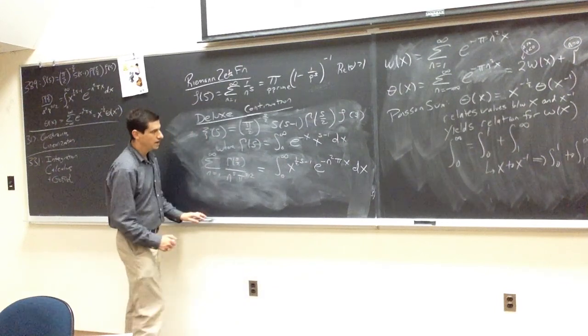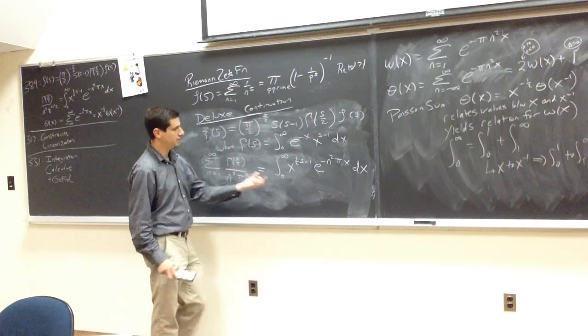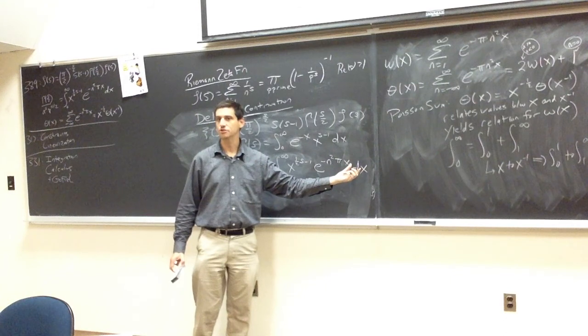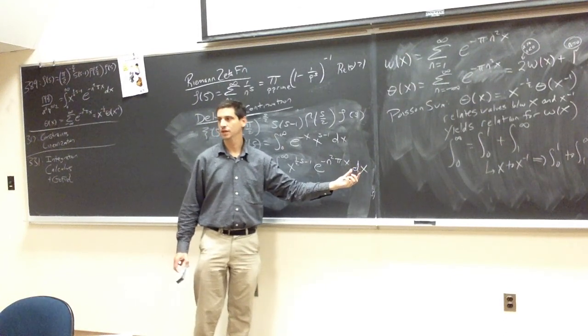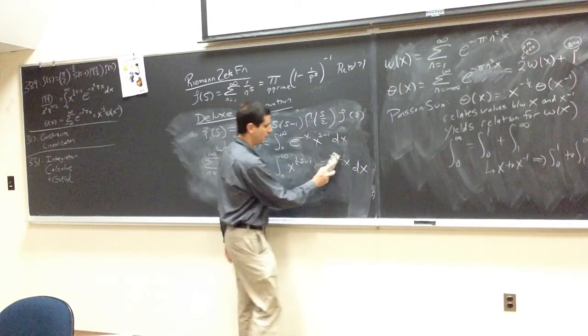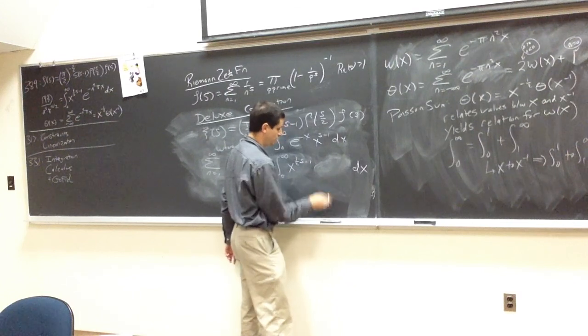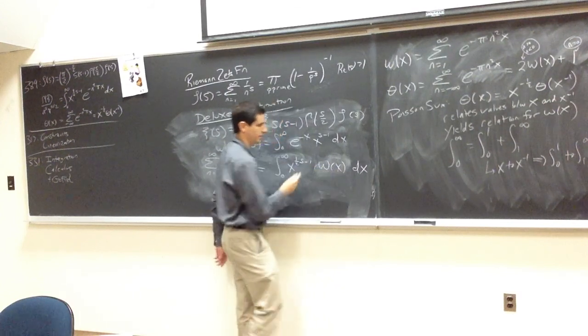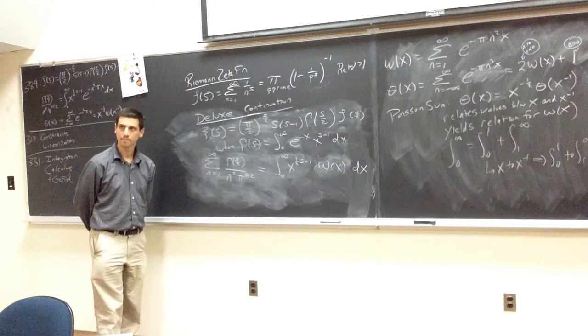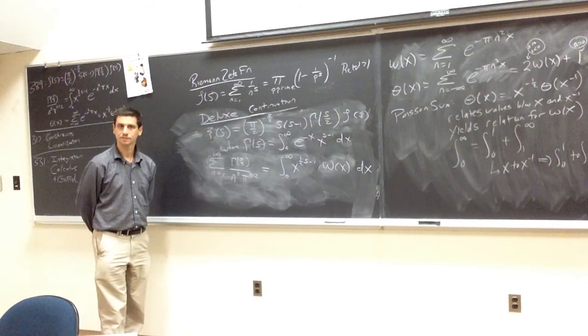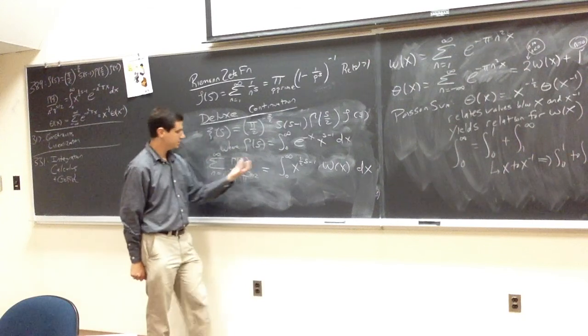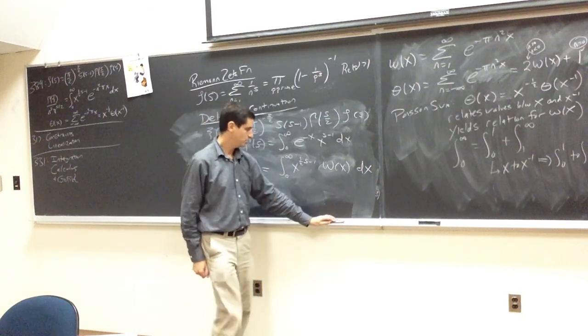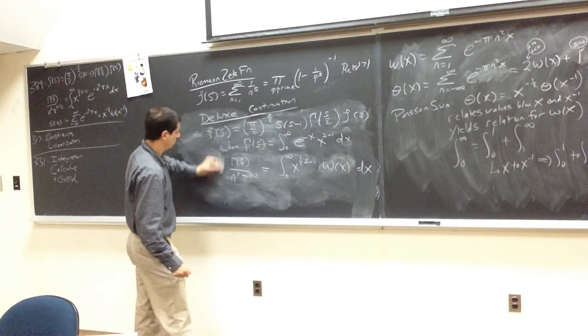Omega. The reason we put the gamma function here is that it gave us a nice representation of the 1 over n to the s. And now when I sum over all n, I have something really nice: I have the omega of x. Okay? So there were two key steps here. The first was that we could express it, and maybe I'll do it in two lines. So I'll go back.